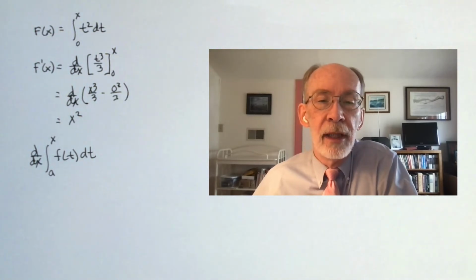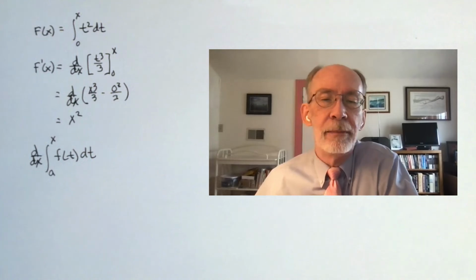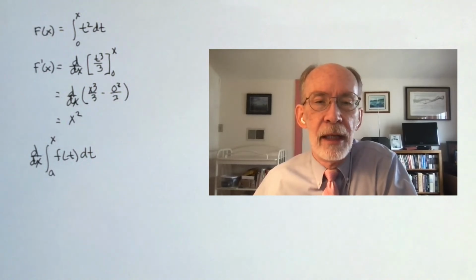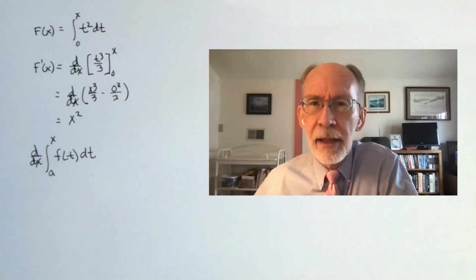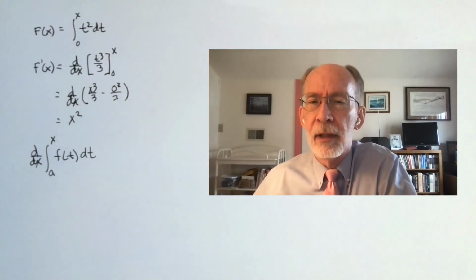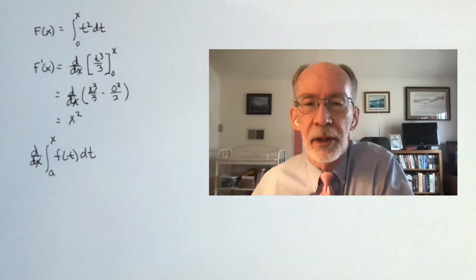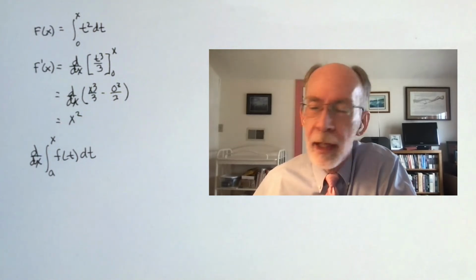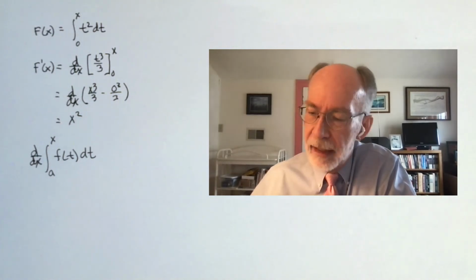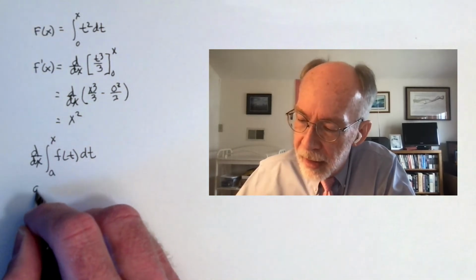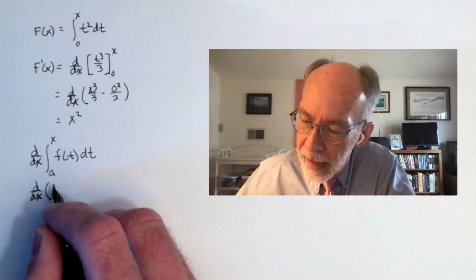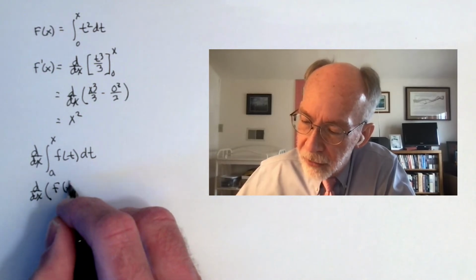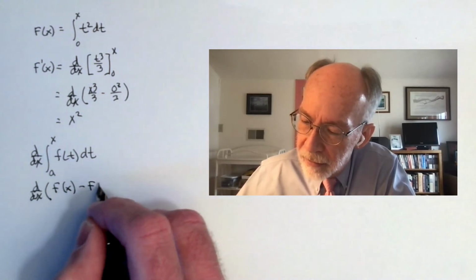Well, if little f is continuous, so let's assume it is, then the fundamental theorem, part 1, applies. And so provided that f has an antiderivative, and we'll talk about that a little bit more momentarily, what we're asking is, what is the derivative with respect to x of big F of x minus big F of a?